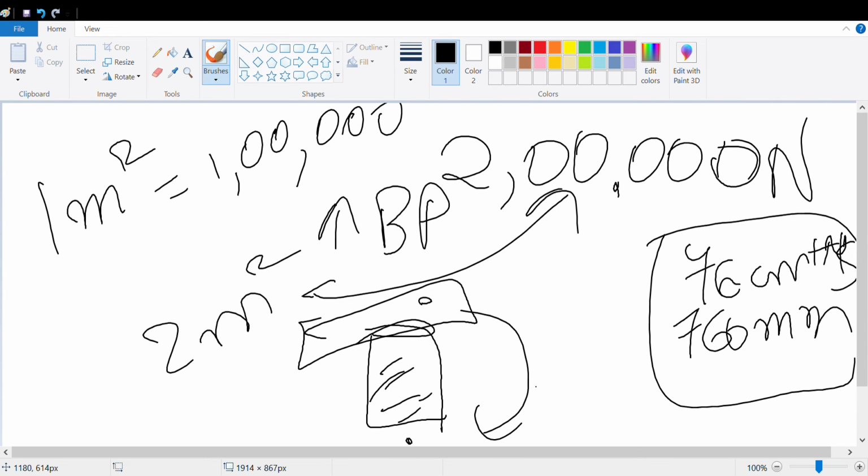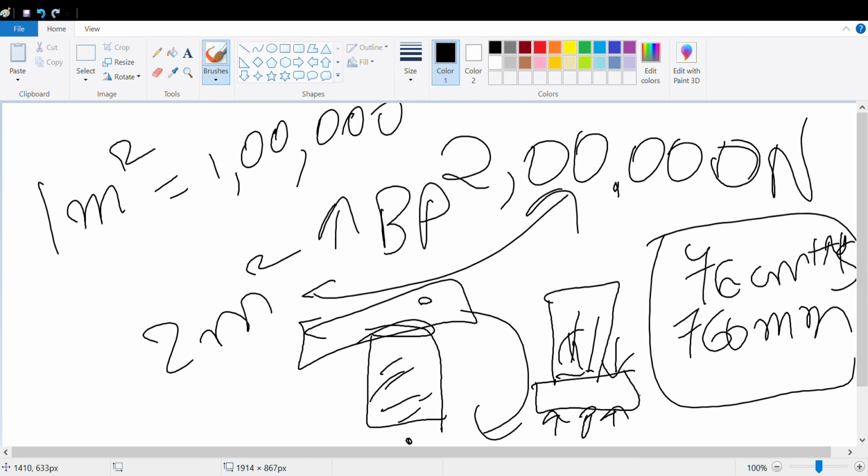The water is exerting pressure downwards, but the atmospheric pressure is opposite, exerting upwards. So nothing happens. The water stays in the glass, because both the pressures are almost equal.